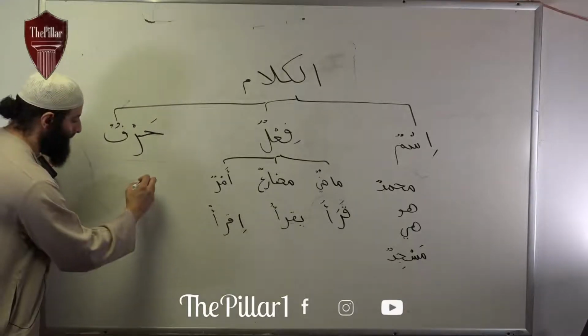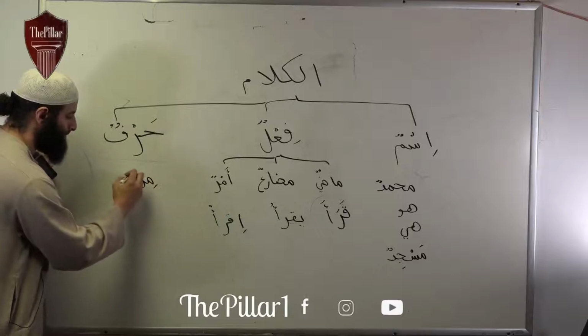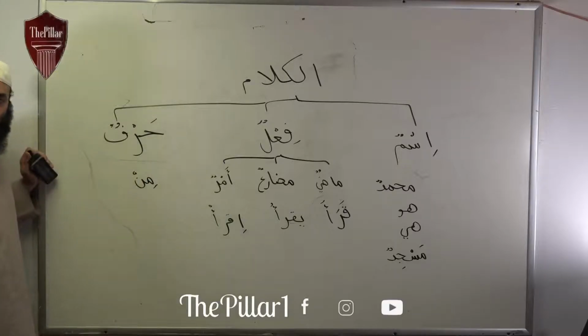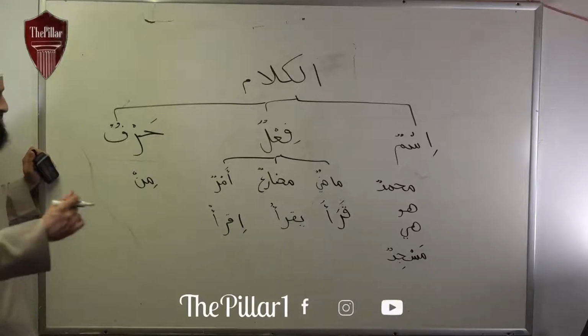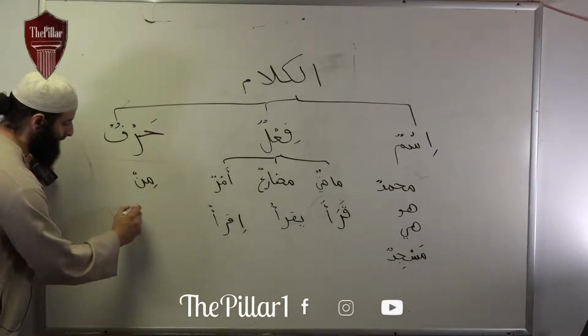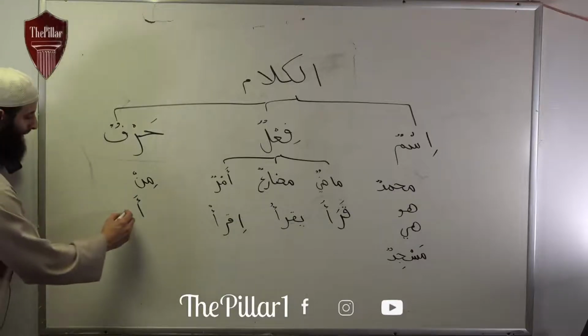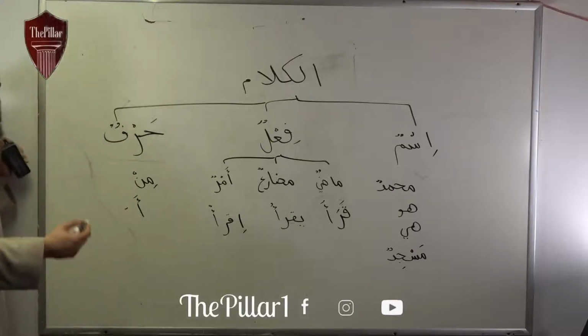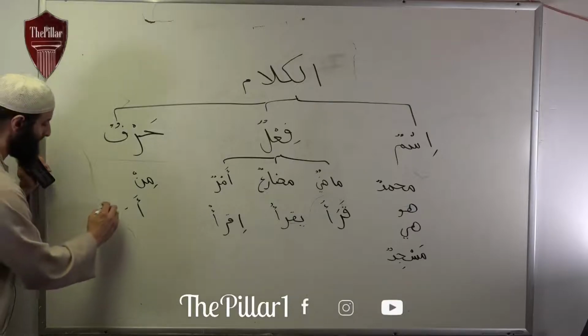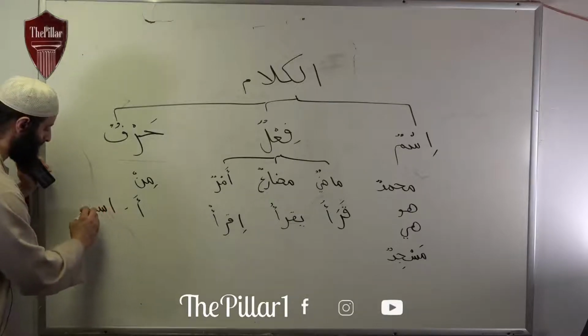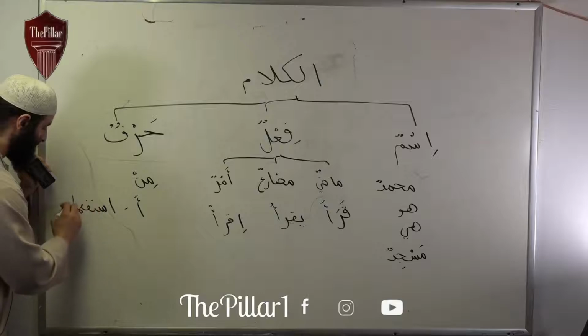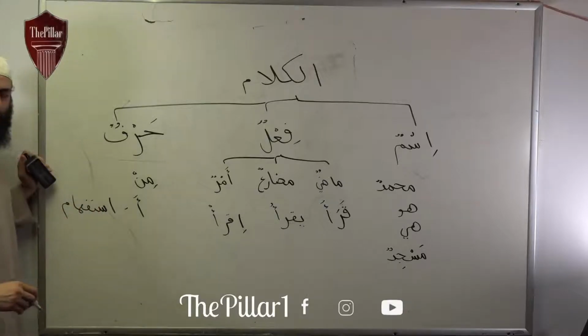So something like min, to mean from, right? If you're going to ask a question, you have to put a hamza in front of the word, a alif hamza, right? And it's called the alif of inquiry, which is istifham. Okay?